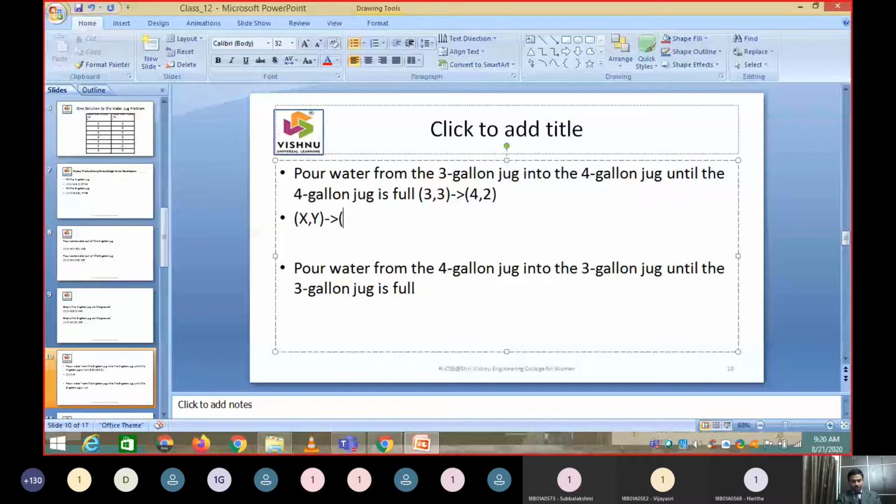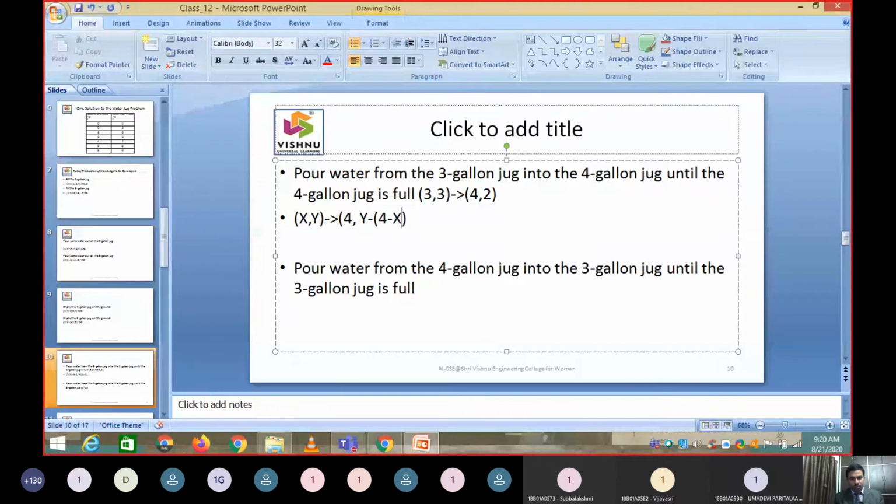So I have to write 4 here and something here. You are pouring from y, so I can write y minus (4 minus x).